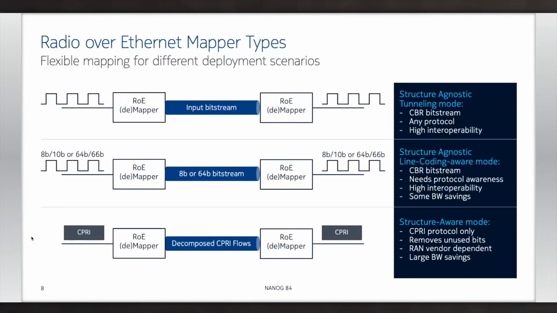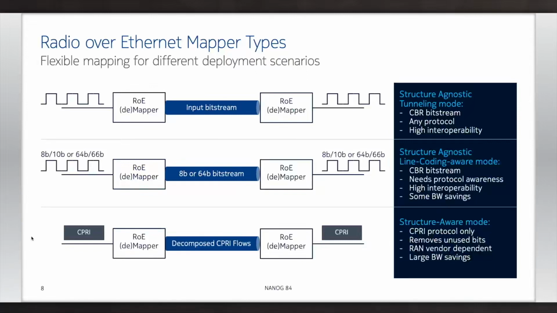And the third mode is structure aware. In this case, we need the full understanding of the CPRI protocol. So what we have to do is open up the CPRI protocol entirely, remove all of the unused bits, and decompose the data flows, control flows, and the timing synchronization flows of CPRI.